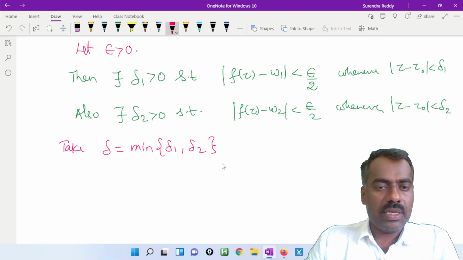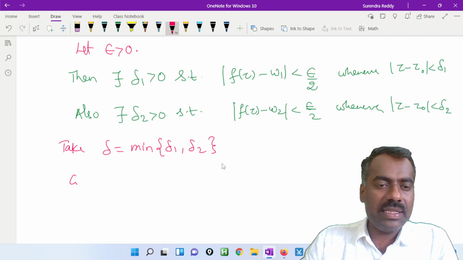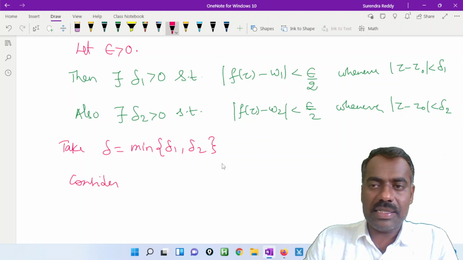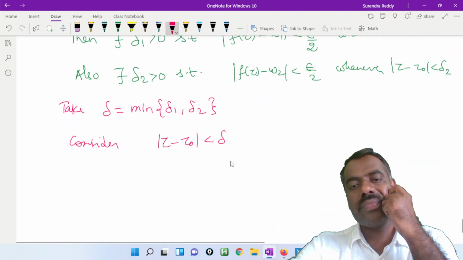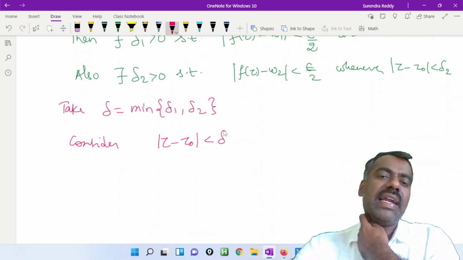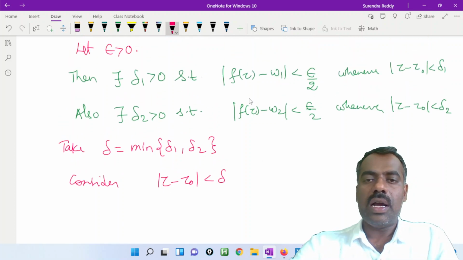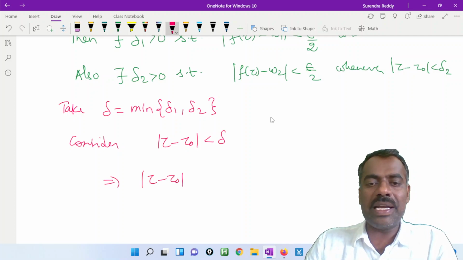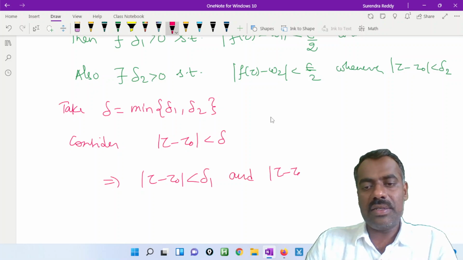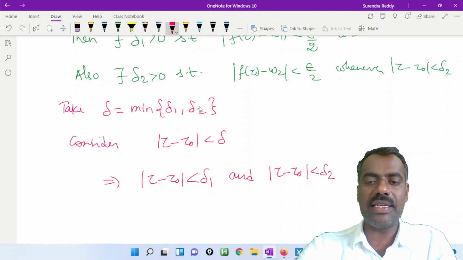So then we consider mod z minus z naught less than delta. That means we are considering the delta neighborhood of z naught. In this, what do we get? Because it is less than delta, mod z minus z naught is also less than delta 1 and also less than delta 2, because delta is smaller than both delta 1 and delta 2.